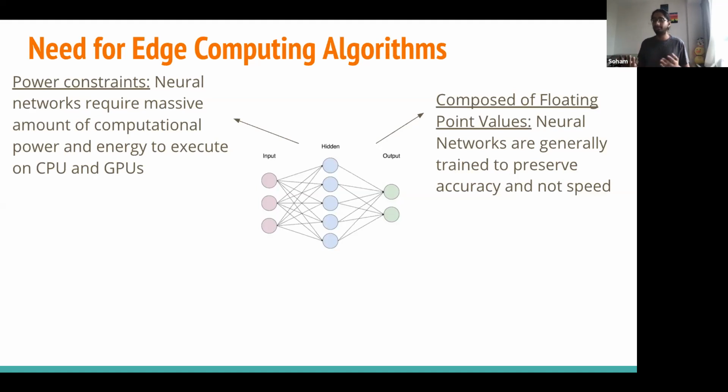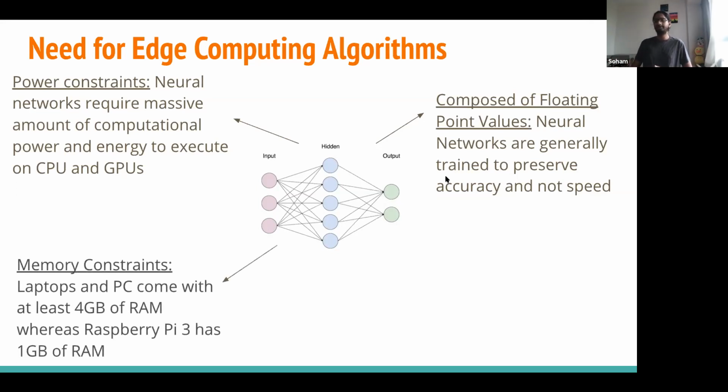But that comes at a cost, because floating point arithmetic is really hard to do in hardware, so it comes at the cost of speed. And also most edge computing hardware doesn't actually have any floating point units, so they do floating point calculations very slowly.